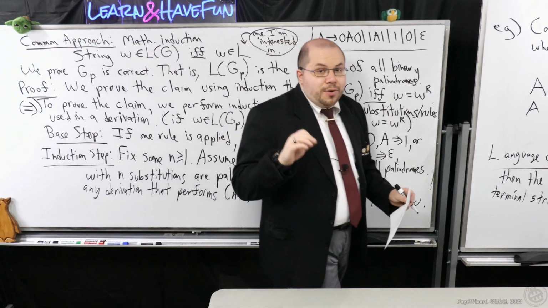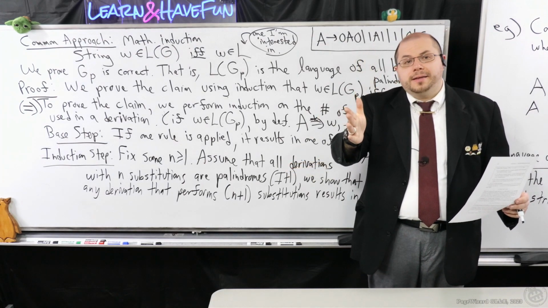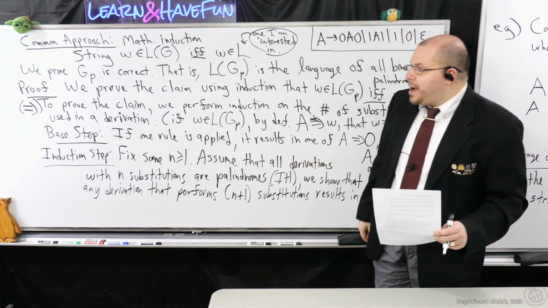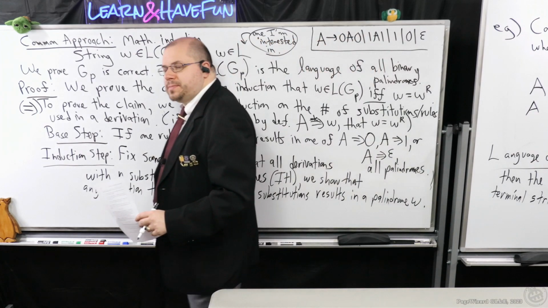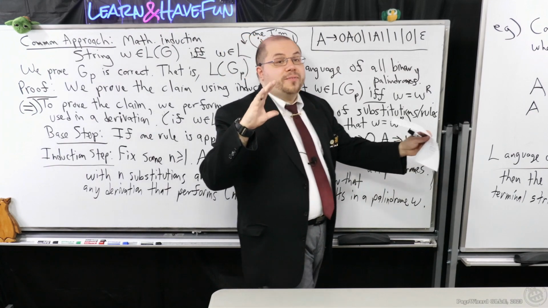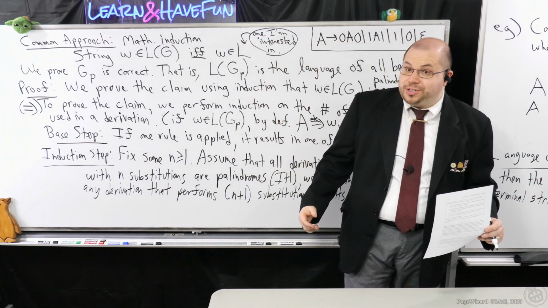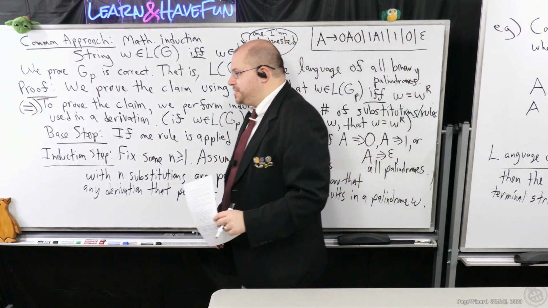So I'm going to now consider and suppose that for some n, it indeed derives a palindrome. So now I want to consider when we have to perform n plus 1 many derivations, or substitutions, to be a bit more precise with my language.